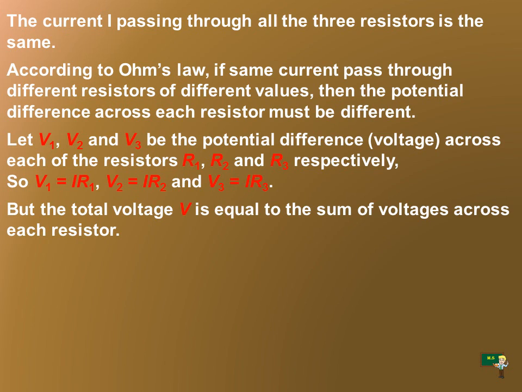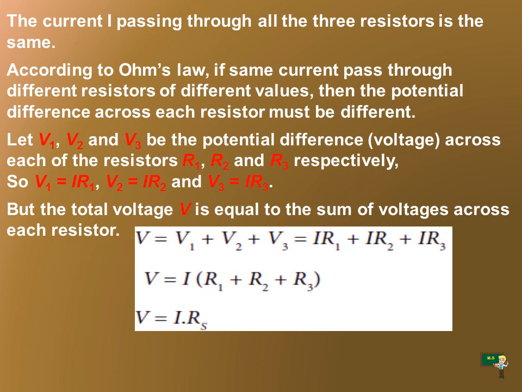Let us take V1, V2 and V3 as the different potentials across the resistors R1, R2 and R3. So V1 is equal to IR1 using Ohm's law, V2 is equal to IR2 and V3 is equal to IR3. But the voltage V is equal to the sum of the voltages across each resistor.